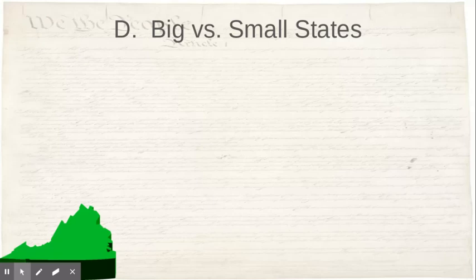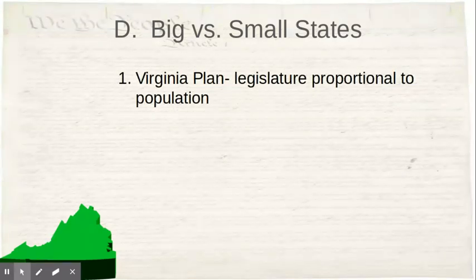The next debate is big states versus small states. Because obviously, each of them had their own ideas about representation. Virginia was one of the big states. They said that the legislature should be based on population.